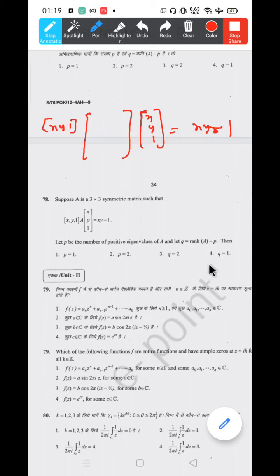If P equal to 2, then Q equal to 1. So we just need to find a matrix. If I take the identity matrix, let us see. Does this have first row, first column giving me x? Yes. Next y. Next 1.